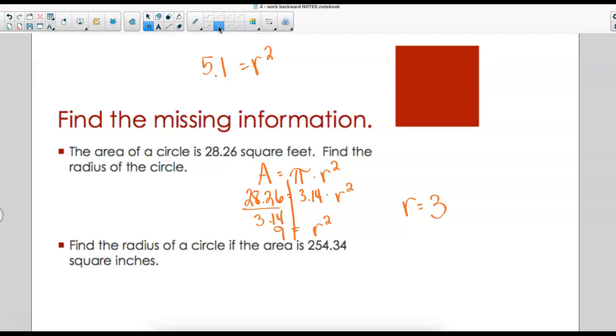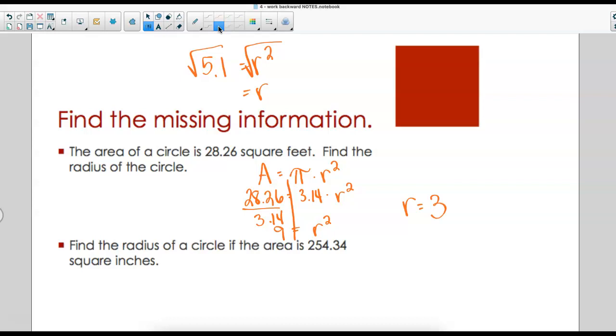You push the one button and then you push x squared, but it comes up with the square root. Yeah, we need to find the square root. The opposite of squaring a number is the square root. So I have to do the square root of each side and you get r. Now you have to remember how to use the square root button on your calculator. It's been a while.